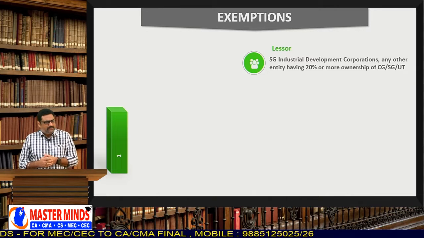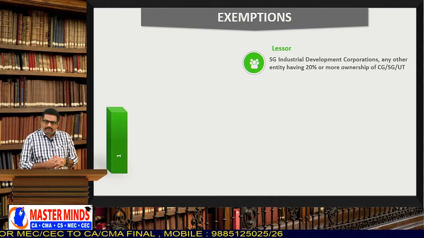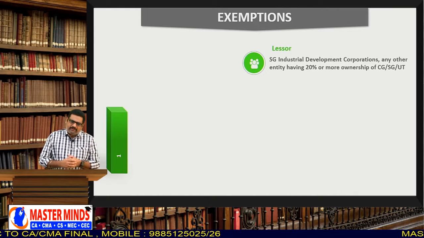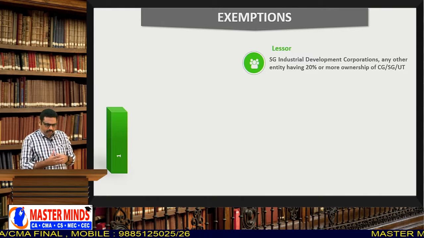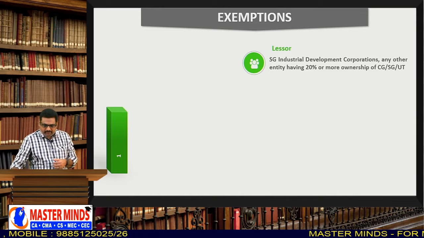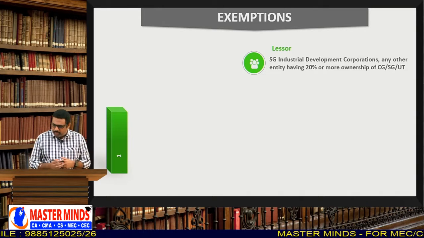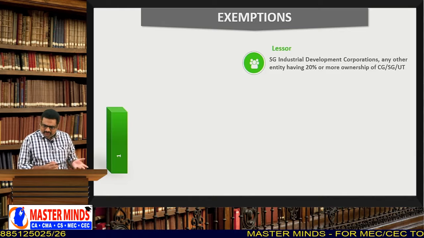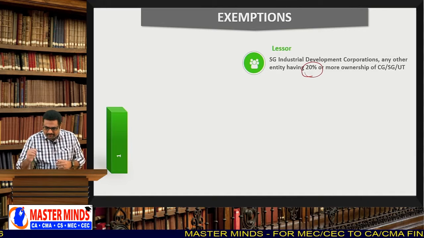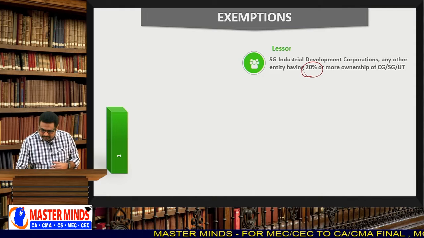The lessor, that means the person who is giving the lease, is the state government, an industrial development corporation, or entities which have 20% or more ownership of the central government, state government or UT. So previously it was 50%.